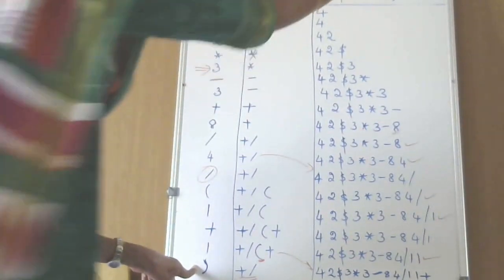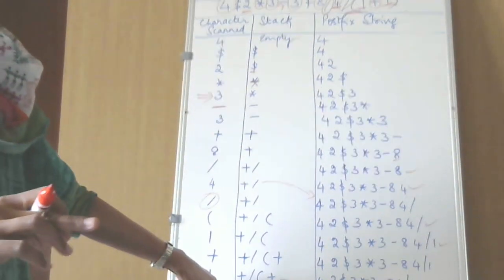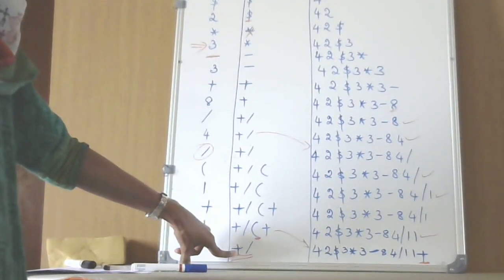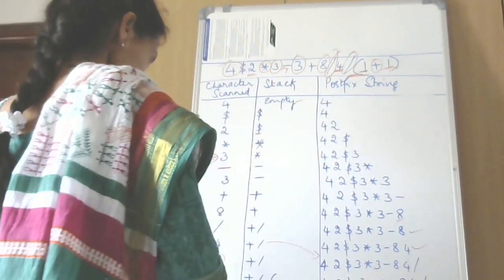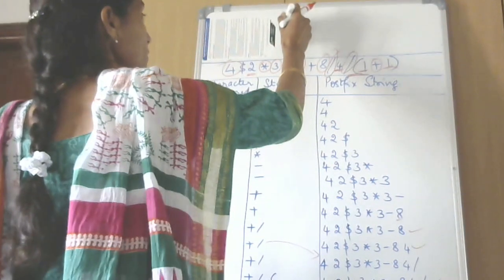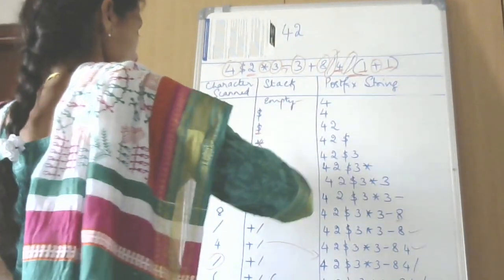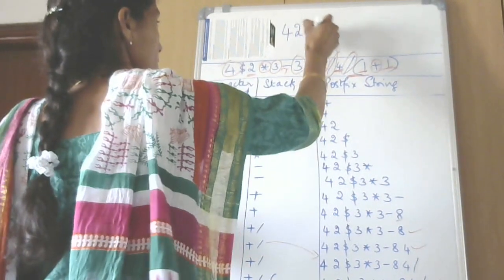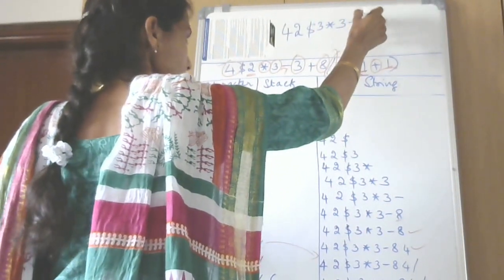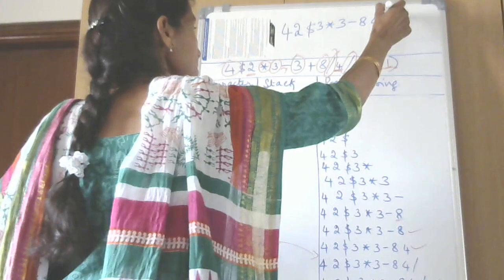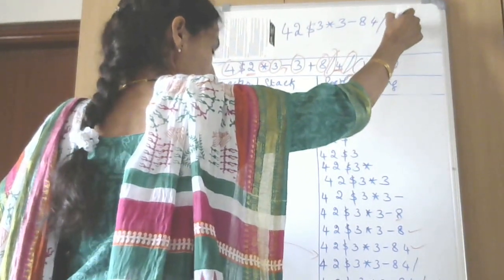Now all the characters are over. What should we do finally? Whatever is remaining in the stack, pop it out and add it to the postfix string. If I do that, my postfix string would become 4 $ 2 $ 3 star 3 minus 8 4 slash 1 1 plus.